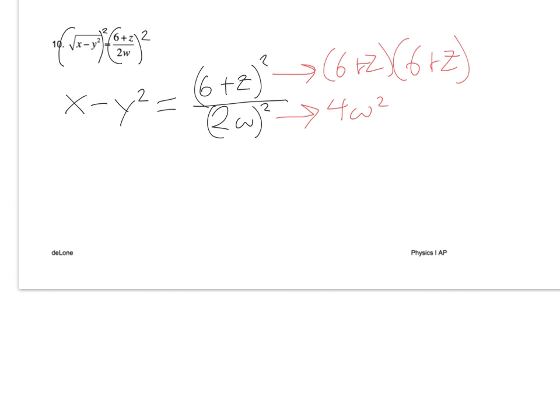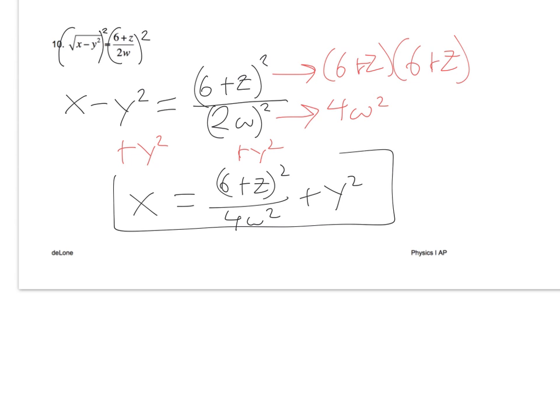That is very important. Something to keep in mind here. So what I'm going to do now is add y squared to both sides. And what I'm going to be left with then is x equals 6 plus z, the quantity squared, over 4w squared plus y squared. And that is going to be my final answer.